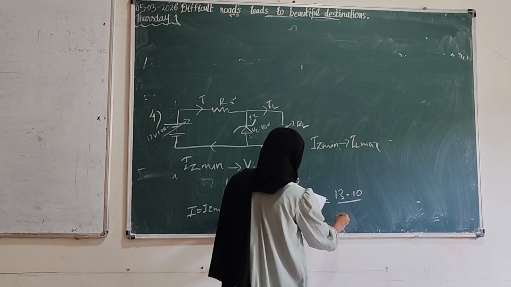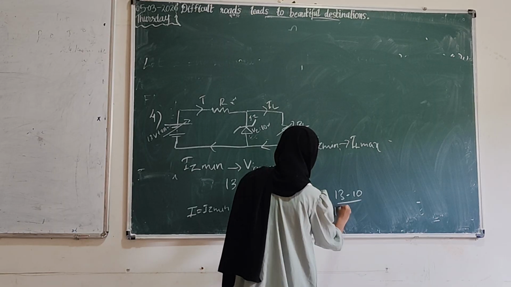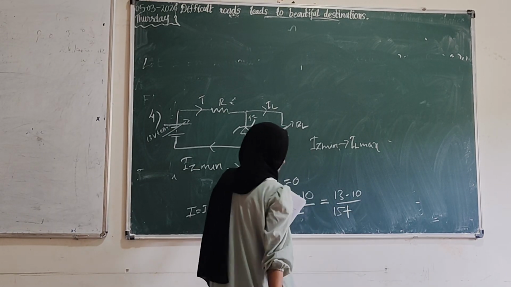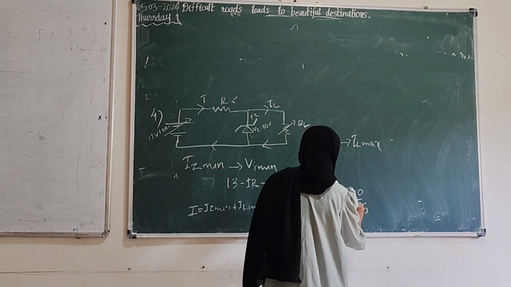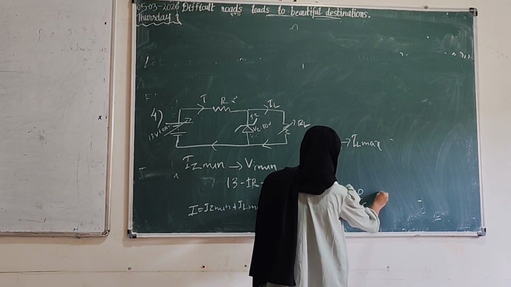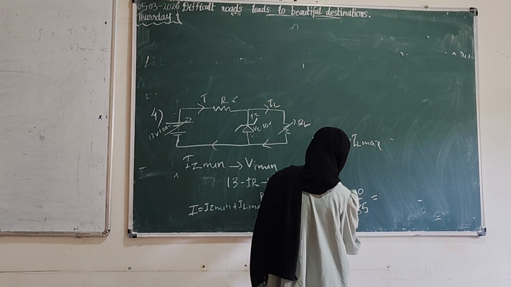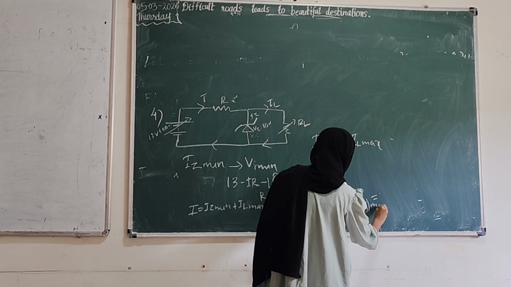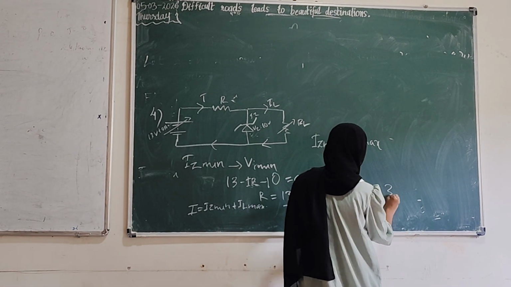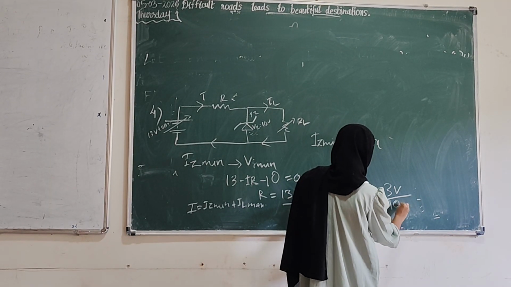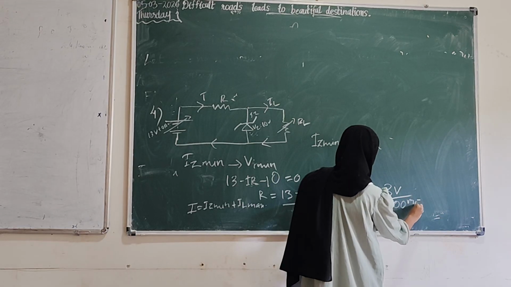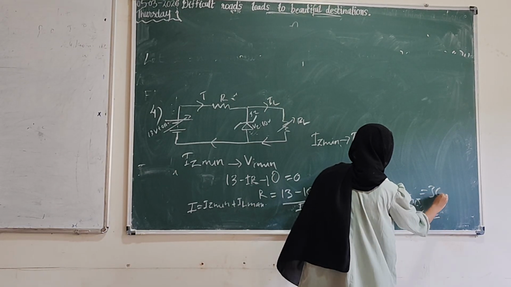That is IZ minimum is 15 plus IL maximum is 85 milliampere. That is 3 volt by 100 milliampere, that is 30.